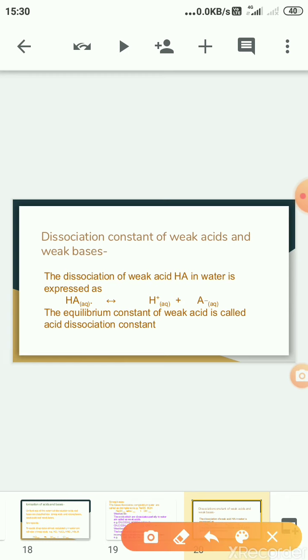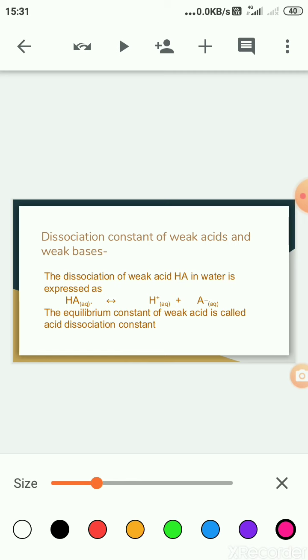Now we are going to see a new point, the dissociation constant of weak acids and weak bases. Before this we have to remember the equilibrium constant of a weak acid is called the acid dissociation constant, and in the same way the equilibrium constant of a weak base is called the base dissociation constant.